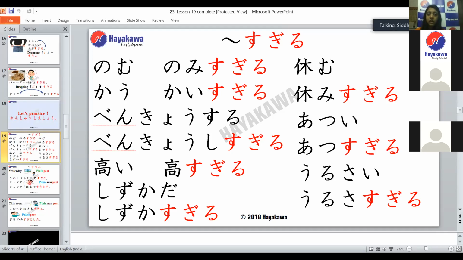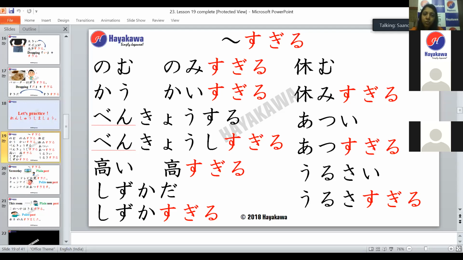Shizuka da, shizuka sugiru. Yasumu, yasumi sugiru. Atsui, atsu sugiru. Urusai, urusa sugiru.